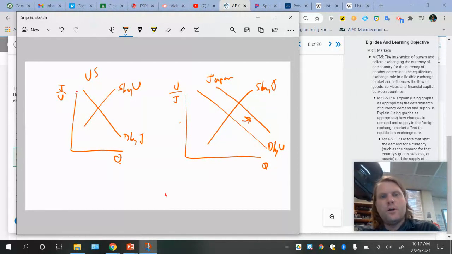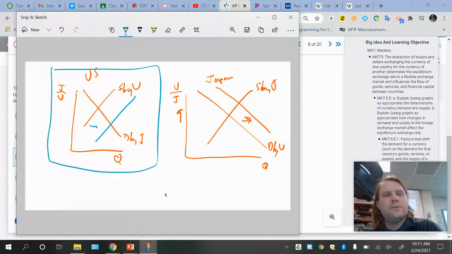So we know that because of our change in preference, the US people want to buy more Japanese stuff. Well, when we do the demand by US over here, we've got to also do the supply by US over here. So this is what our US graph is going to look like.